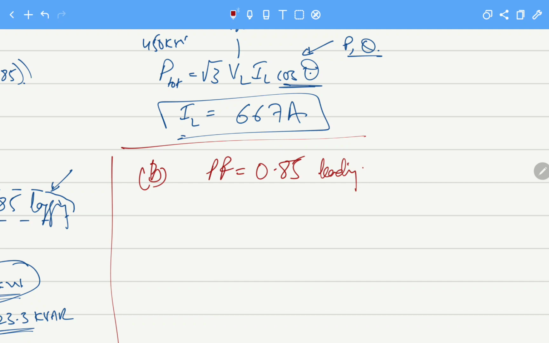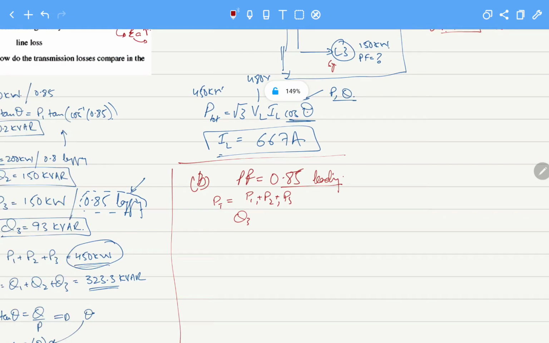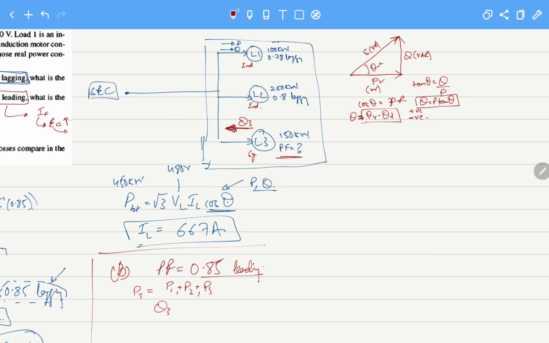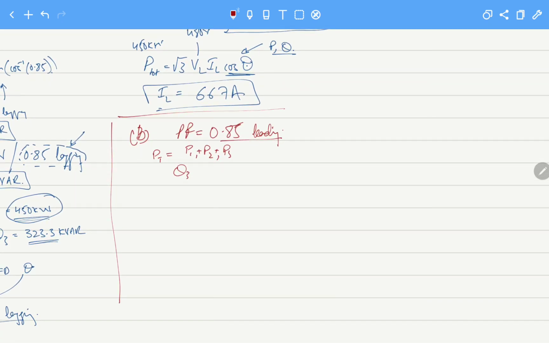We must know that for the real power, P1, P2 and P3 will not be affected by this change, and so our PT will remain the same. The only thing that will change will be Q3, the power being generated or absorbed. In this scenario, Q3 will be generated by L3, and we can calculate this.